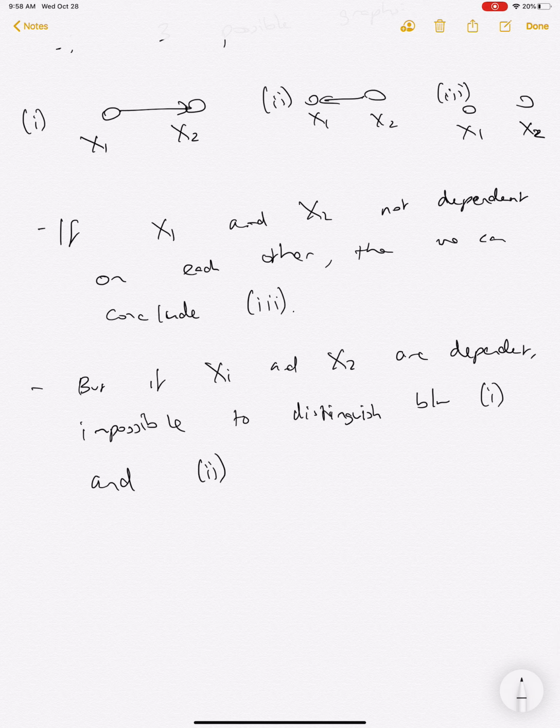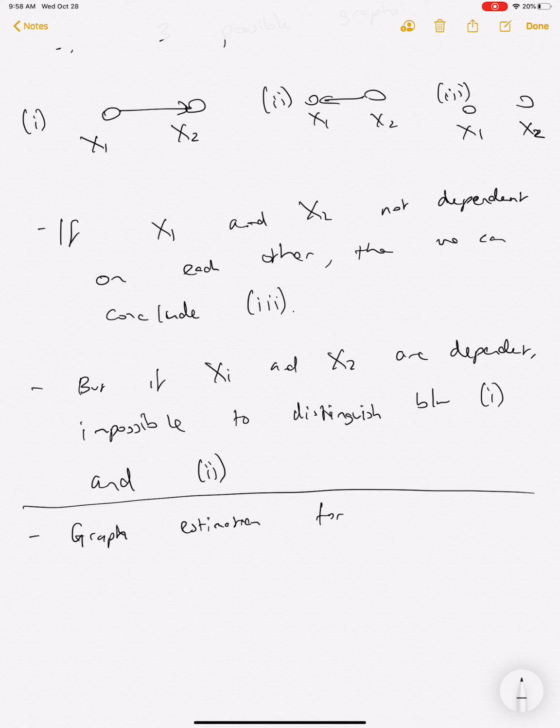Okay, so graph estimation for undirected graphical models.